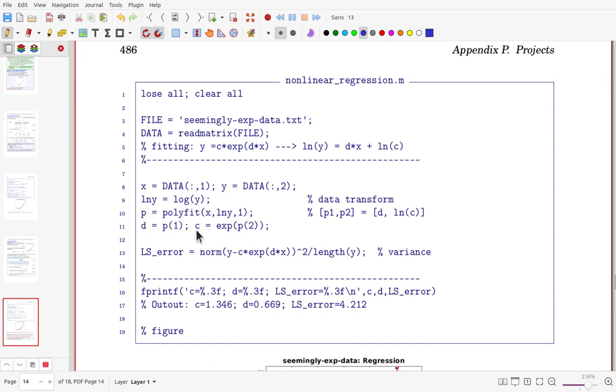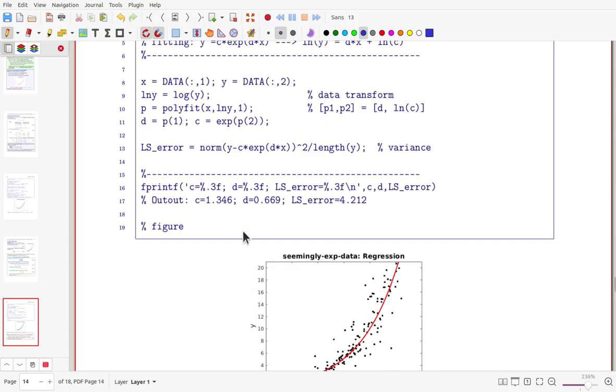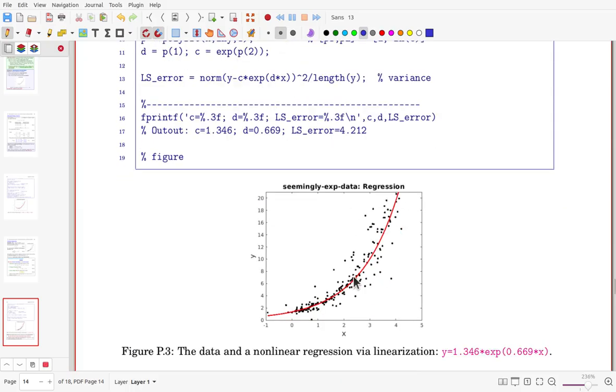And then C is recovered from this A value. So we can measure the least squares error and print it out to see the result. Now C and D are these values, and the least squares error is a little bit larger than 4. And the model is fitting the data set quite nicely.